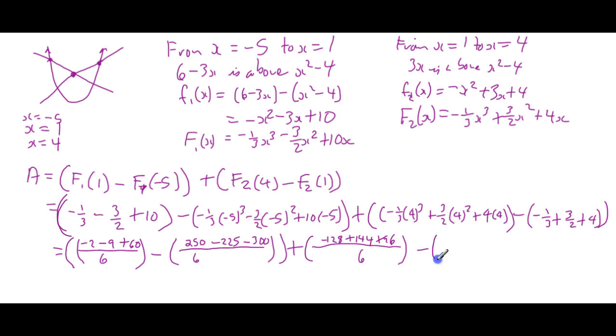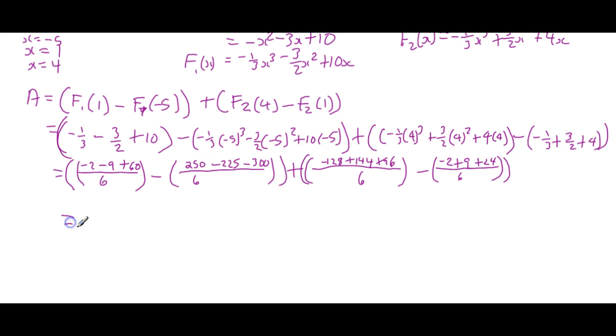And then that's minus, okay, and again, we put this over 6, and this will be negative 2 over 6, this will be plus 9 over 6, and this will be 24. Okay, so we're going to do these two. Let's throw brackets around there.